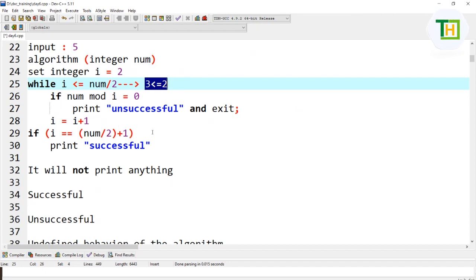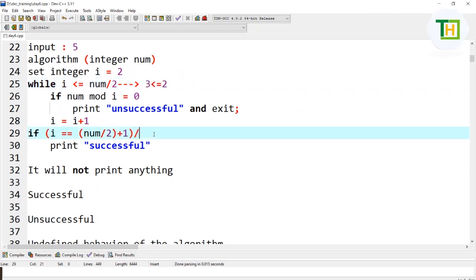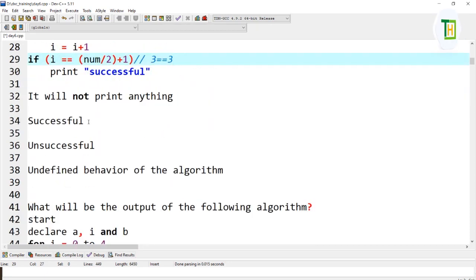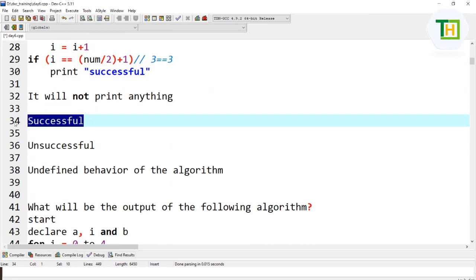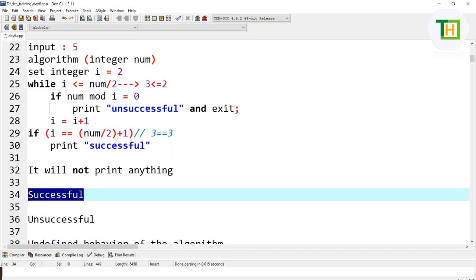And coming to this one, what is the I value? I value is 3. 3 is equal to, just observe here, num by 2 plus 1. Num by 2 means 2, plus 1, that is going to be 3. Both are equal, then it is going to print successful. Is it clear, everyone? The loop is iterating for only one time.